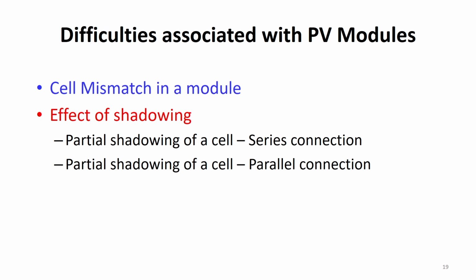So, these aspects are very important. Then effect of shadowing, then partial shadowing of cell when cells are connected in series, partial shadowing of cells when cells are connected in parallel. Then these two conditions we need to discuss.